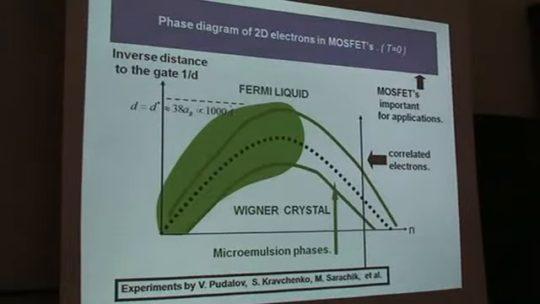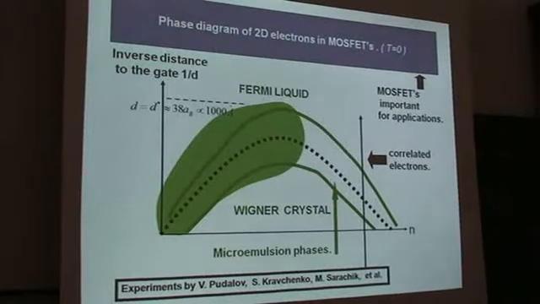So at small densities they again are liquid, a weakly interacting liquid. That's what this diagram illustrates: here and there they are liquids. As you change density, what is essential for what I'm going to speak about is that they go to a regular crystal.